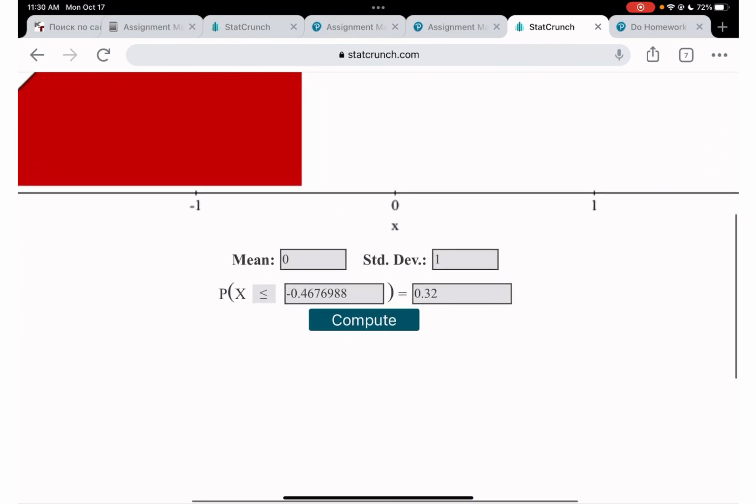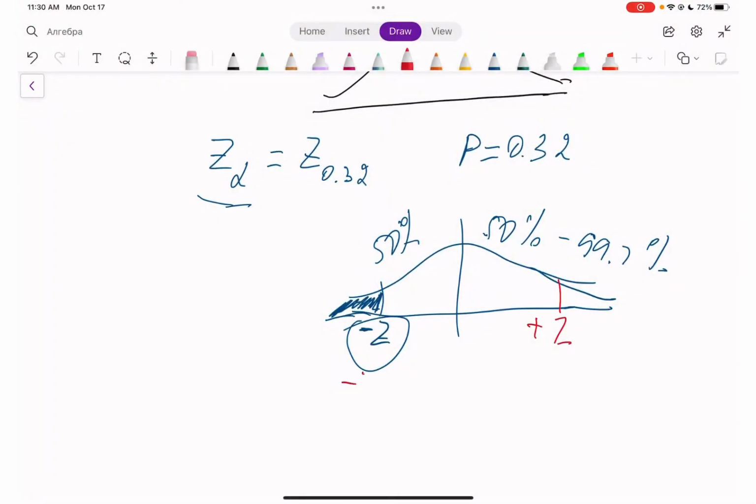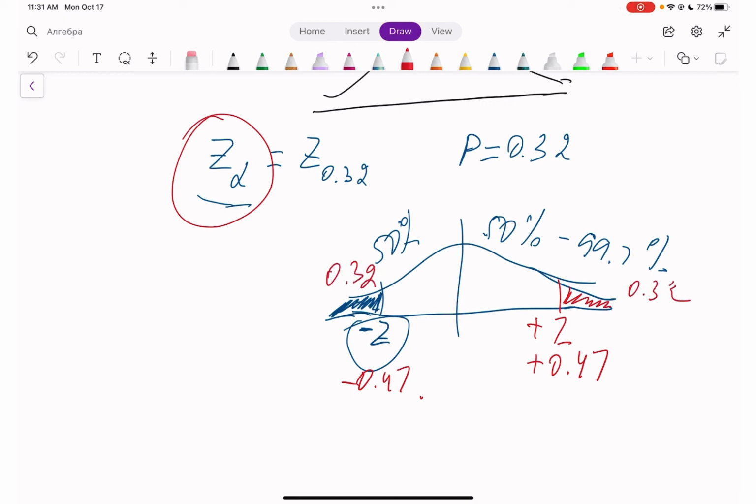We are getting a value of z-score negative 0.47. But because, like I said, hold on, negative here 0.47. But because alpha identifies critical value, again, I will refer you to the lecture to watch it. So we are going to use positive 0.47. This 0.32, both areas are the same, because the area cannot be positive, negative, but for a critical value, we use positive.